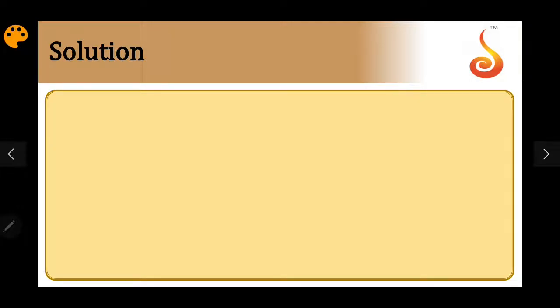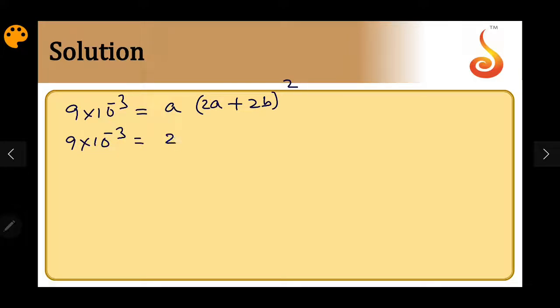So we have the first equilibrium, 9 into 10 power minus 3 is equal to A into (2A plus 2B) the whole square. Now A is equal to 2B. So 9 into 10 power minus 3 is 2B into (2 into 2B, 4B, plus 2B) whole square.